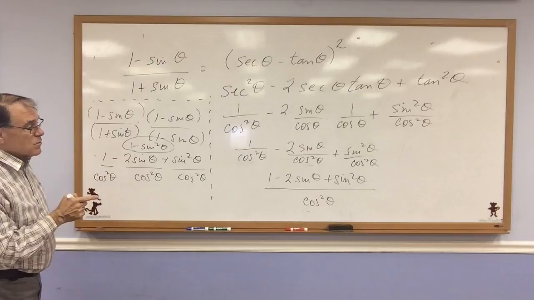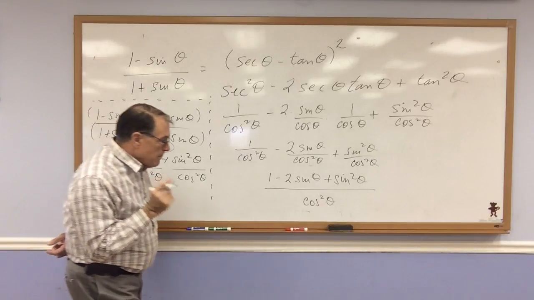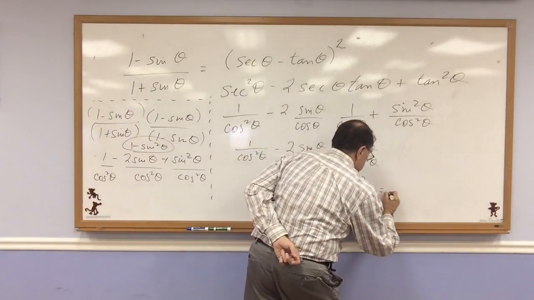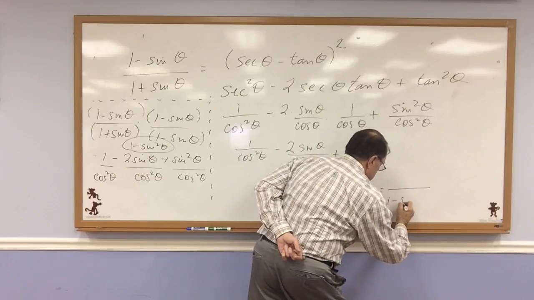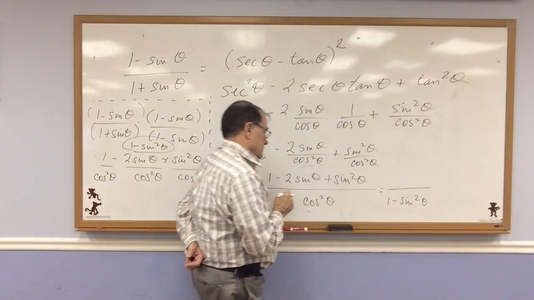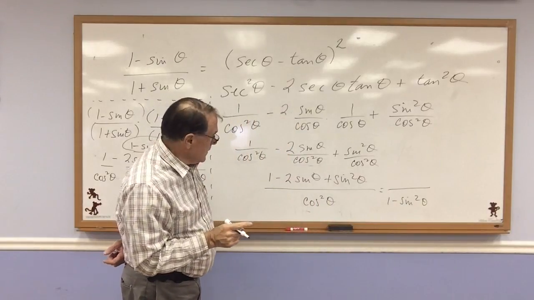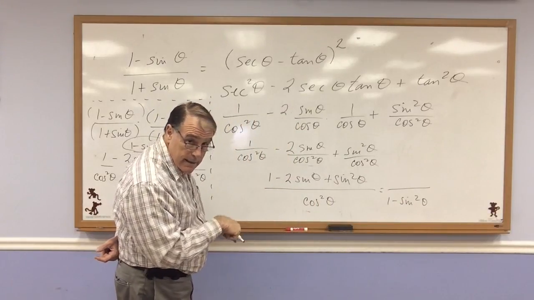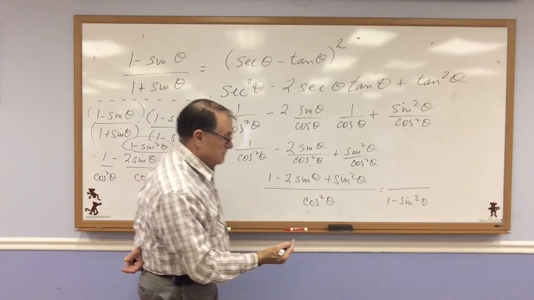Now, cosine squared theta, you know, is 1 minus sine squared theta. 1 minus sine squared theta, you know, is 1 minus sine theta times 1 plus sine theta.